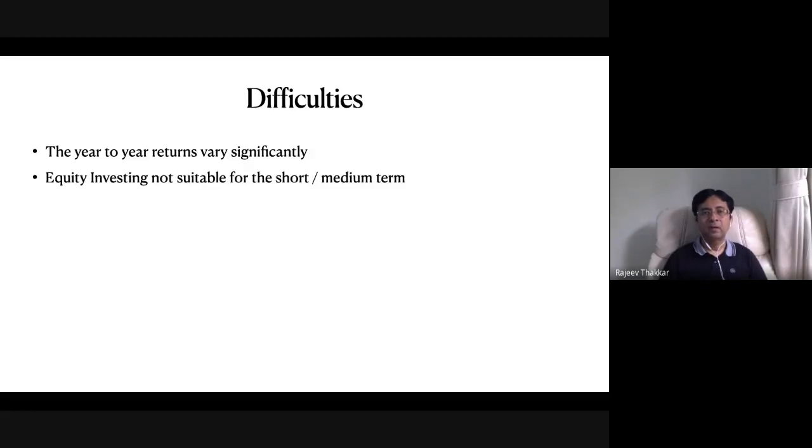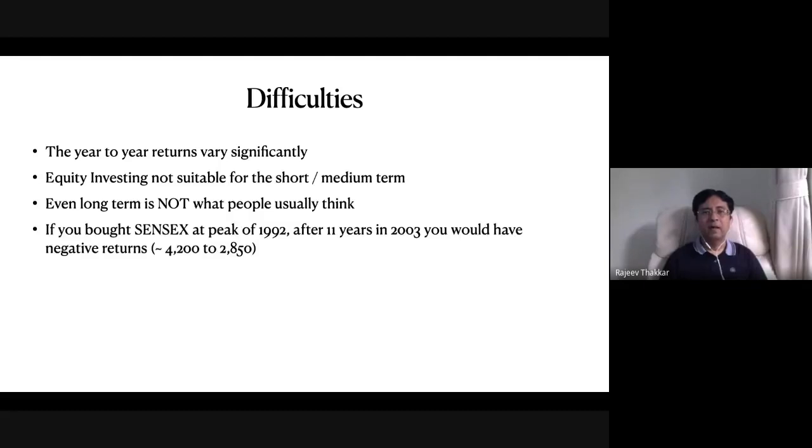So let's look at some data. If you bought Sensex at the peak in 1992, even after 11 years, in the year 2003, you would have had a negative return from the Sensex. So Sensex went from 4,200 to around 2,850.